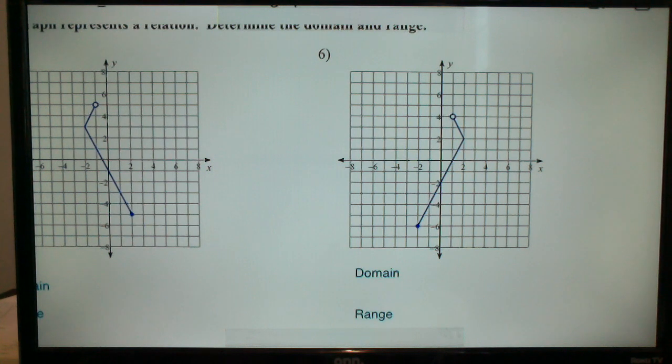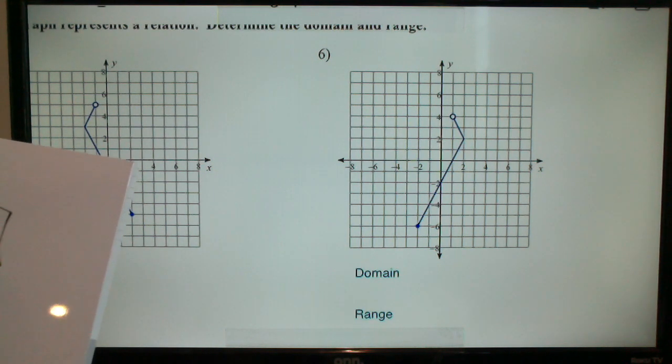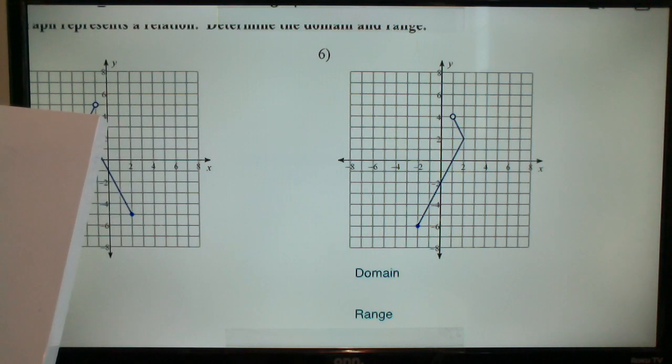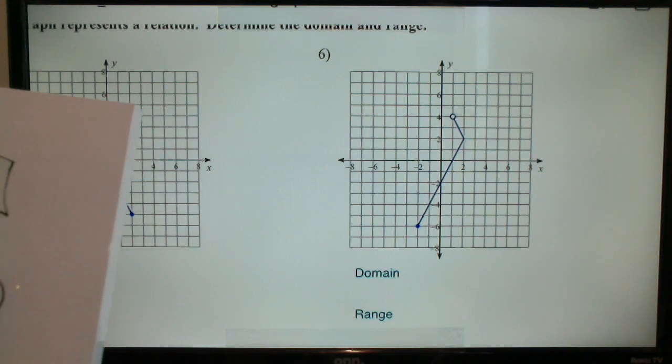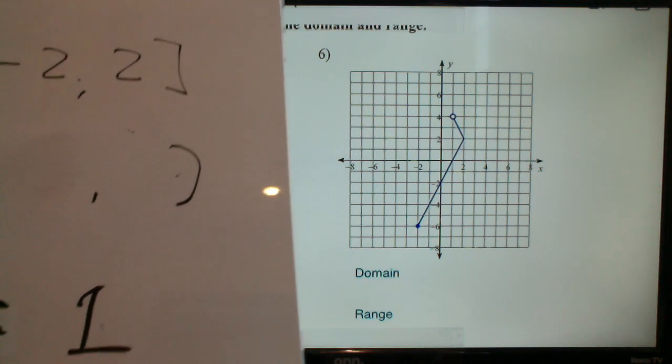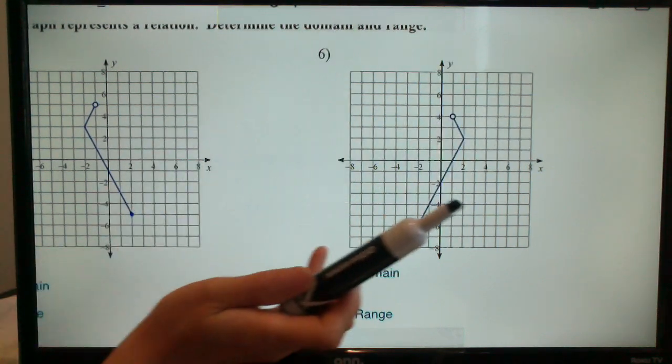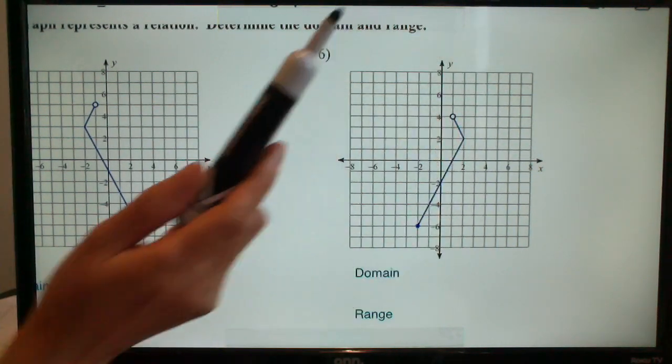So the x-intercept is 1, right? And the range is -3 to 4.